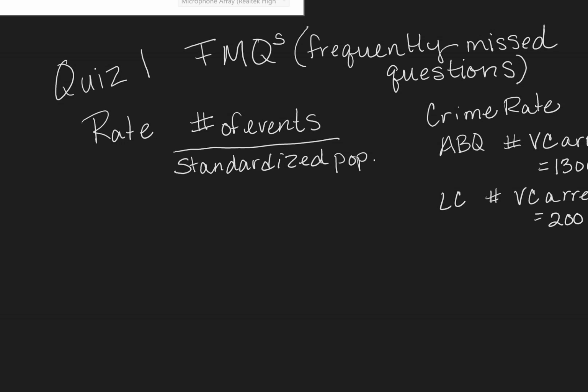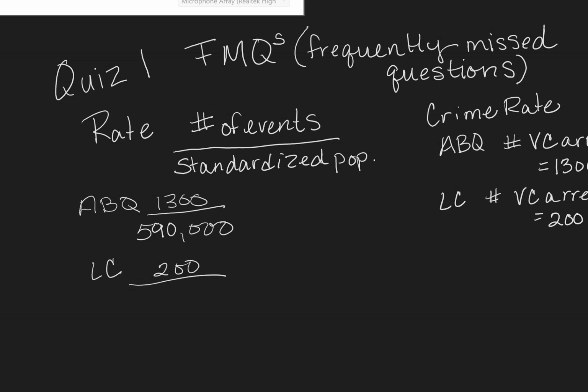To determine the rate for Albuquerque, we'll do 1,300 violent crime arrests divided by their population, let's say 590,000. And we'll do the same for Las Cruces: 200 arrests, and we'll say their population is, don't get mad at me, guys, if I get this wrong, 280,000.